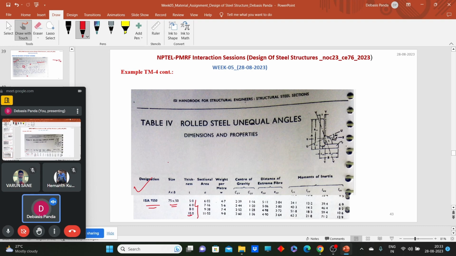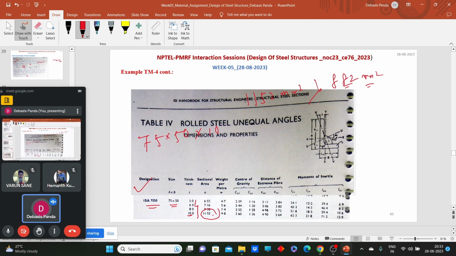If I consider 75 into 50 into 10, then the gross cross-sectional area is 1152 mm square, which is greater than 880 or 882, whatever area we have calculated from yielding of the gross cross section.